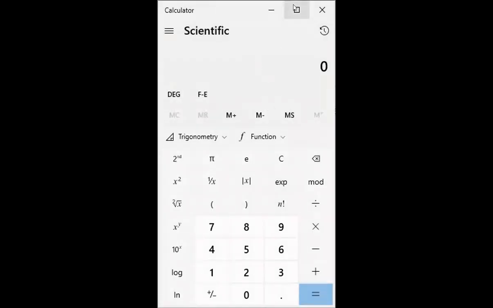Are you able to see my calculator? Yes. So let us see. First bracket. Then we do 10,000 divided by, bracket. That's not happening.